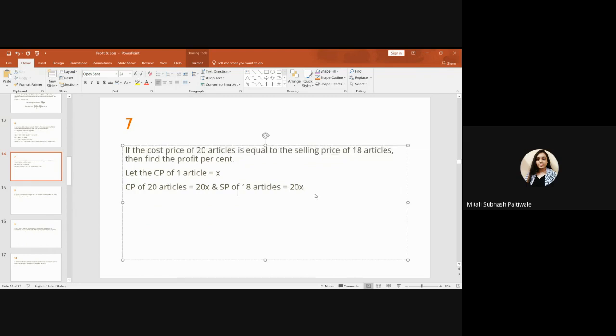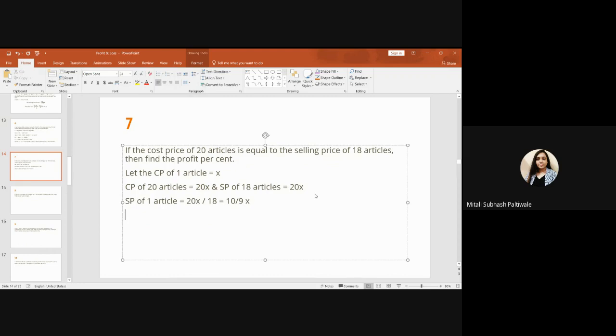Okay. Now one thing which will come from here, SP of one article. How much would it be? It would be 20x by 18. So now this would become 10 by 9 x.